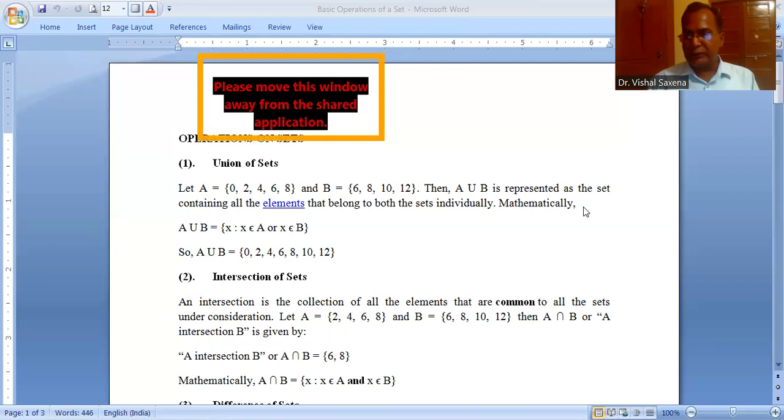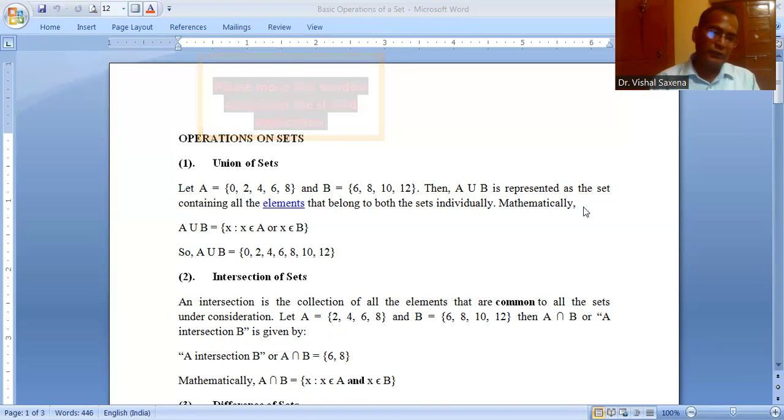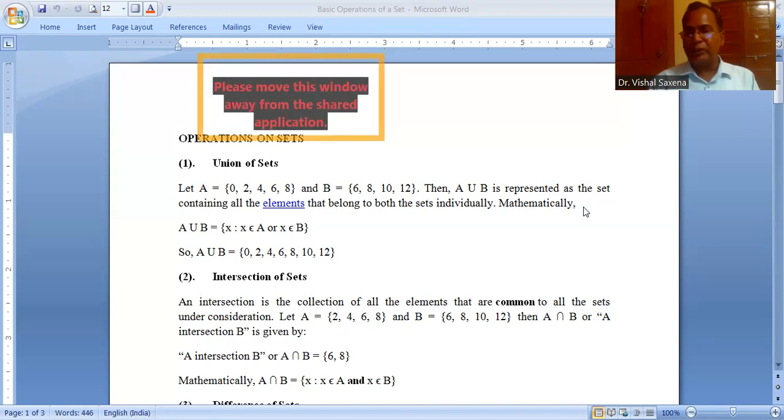Then the union A ∪ B is given by taking all the elements that lie in either set A or set B. So all the elements of A and B will come there: 0, 2, 4, 6, 8, 10 and 12.